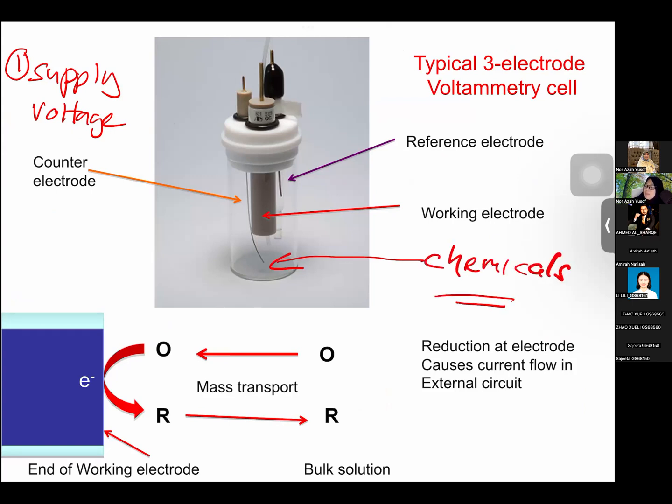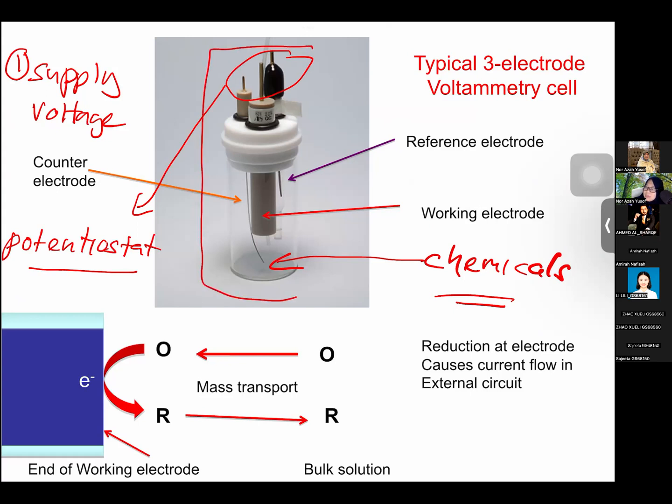All right, so these three electrodes have to be connected to a machine called potentiostat. Okay, so this machine will supply voltage to the cell. This is what we call as the whole thing. It is what we call as electrochemical cell.